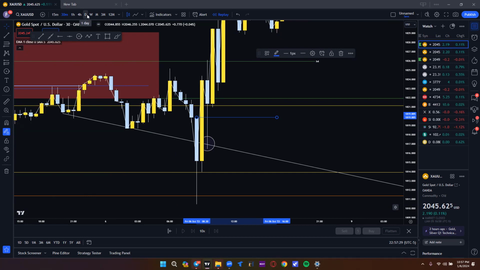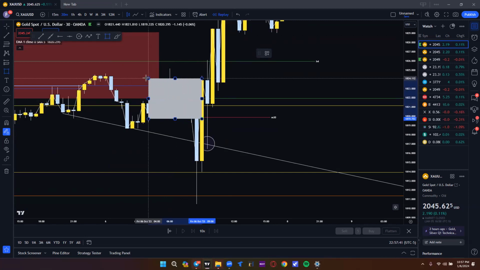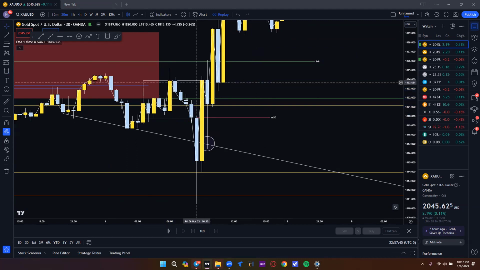M30 is more explanatory for you guys. M30 created this decision level, and the model of understanding is that something was broken here, right? What was broken is the decision level that took price down to this level here.